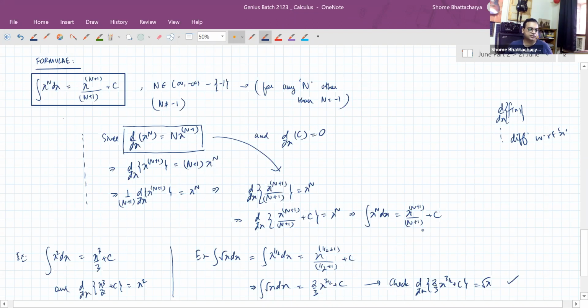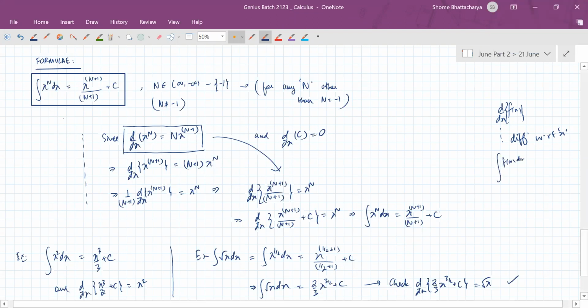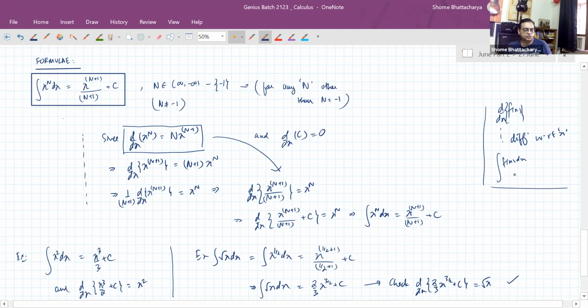That we are differentiating with respect to x. Like that, the person who's reading the symbol should understand the variable with respect to which we are integrating. So the dx signifies that. Okay, sir.